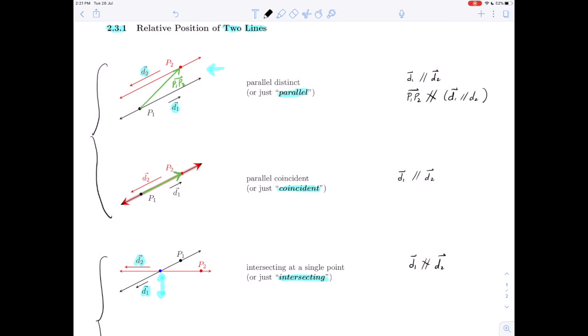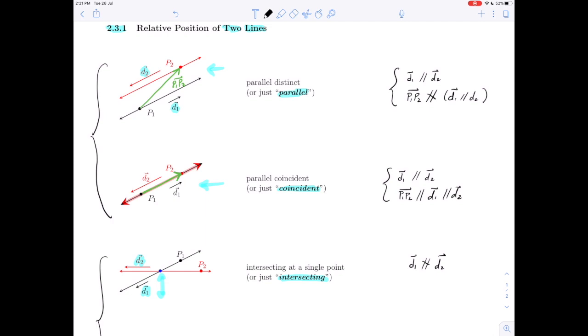But in the coincident case, all three vectors are going to be parallel. So P1P2 will be parallel to D1, and that also makes it parallel to D2. Taking these two criteria together is going to help us determine exactly when lines are parallel.